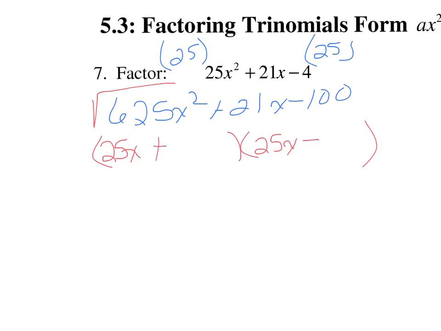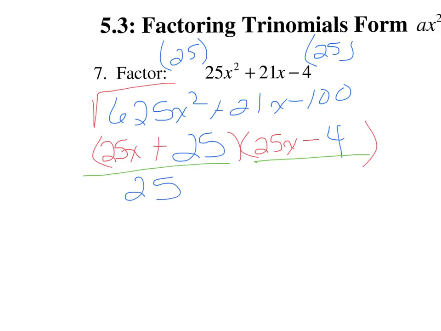So 2 numbers that multiply to make 100, but subtract to make 21. Because they're different signs, they subtract to make 21. You might need to make a list here. Those 2 numbers turn out to be 25 times 4. And now we're going to divide by the GCF. The GCF of 25 and 25 is 25.